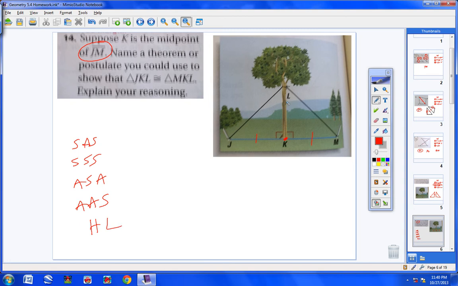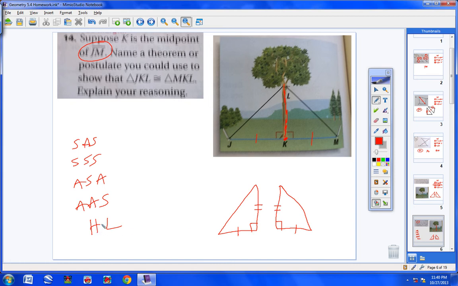If I were to split these two triangles up, they would look like this. I have 90 degrees here and here, so I know those two angles are congruent because they're both 90. I have this leg here congruent to this leg here, and they share the side right here, so I can definitely state that this leg here is congruent to this leg here.